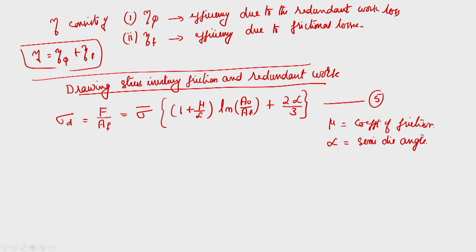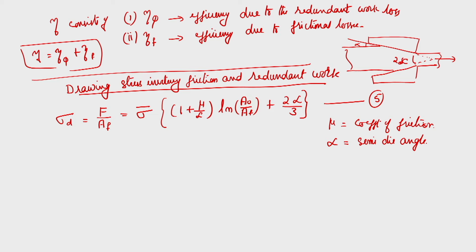If it is a converging die like this, the material is being drawn like this and it is coming out. So this is the 2 alpha, or we can say this angle is alpha. So the semi die angle is alpha, and the last term, 2 alpha by 3, takes care of the redundant deformation.